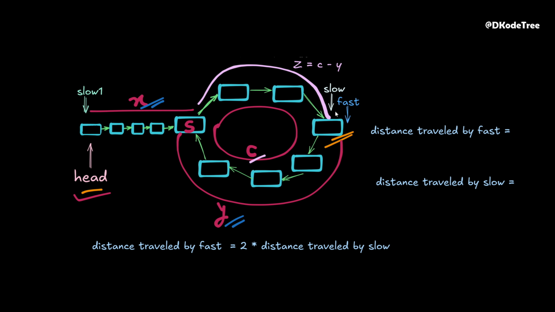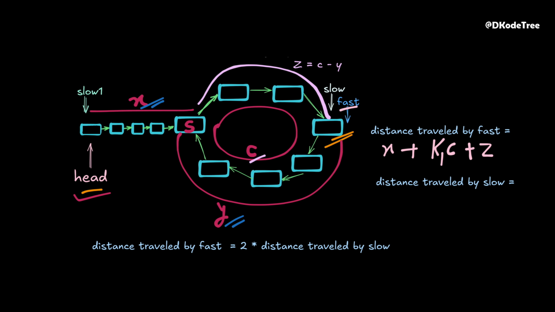So let's fill up this equation and see what we get using the distances that we have plotted here. In this case, the distance traveled by the fast pointer from the head is actually the distance x plus some constant amount of times around the cycle, which we can denote as k1 into c. So k1 is a constant and c is the cycle length, plus this additional distance z, because this is the point where the fast stops.